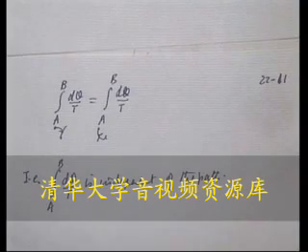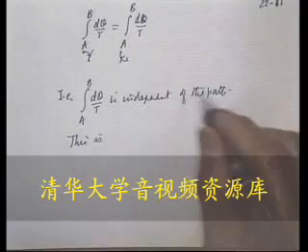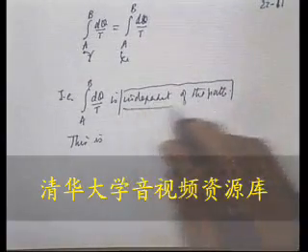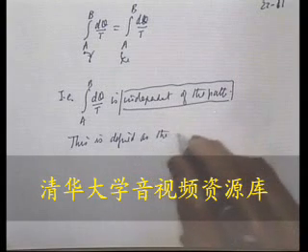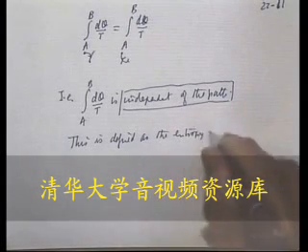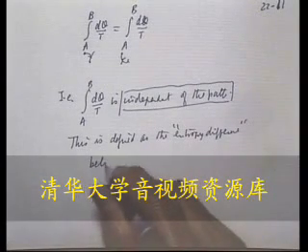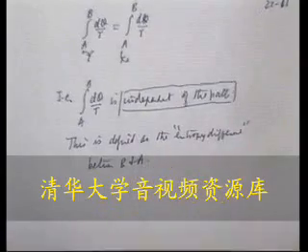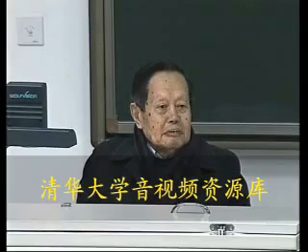所以这就出了一个 fundamental concept 叫做 entropy。This is defined as the entropy difference between B and A. This is another great achievement.